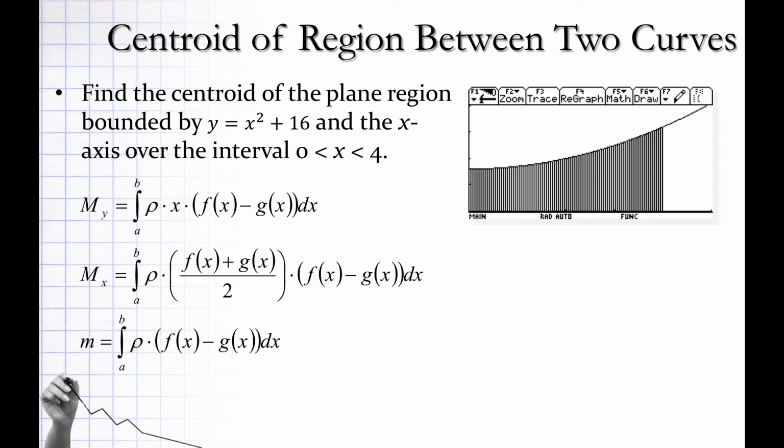Look at that. Density cancels. And we're left with the coordinate 9 fourths, 56 fifths.